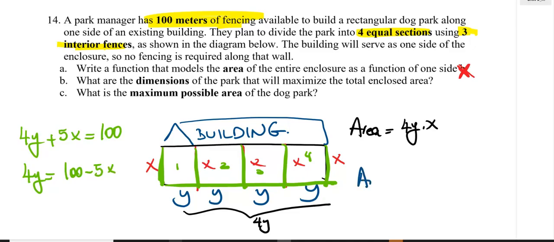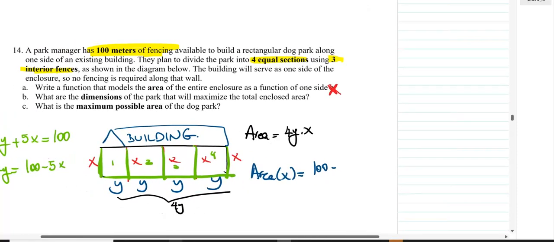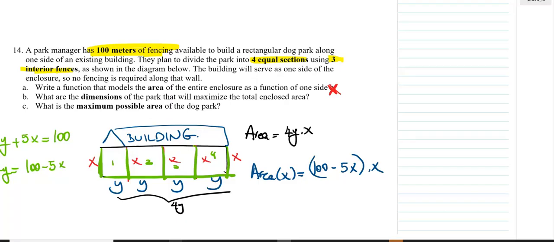Then the area in terms of x will be 100 minus 5x times x. So this will be the area as a function of x. This is the tricky part for this question. The picture will be given, but you need to construct the problem with the variables.